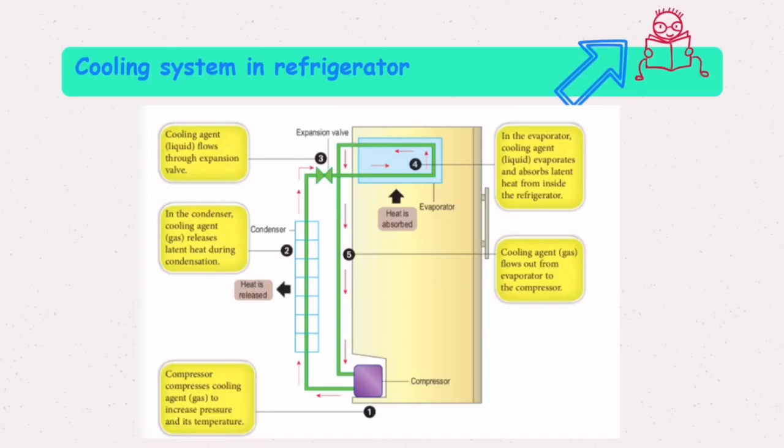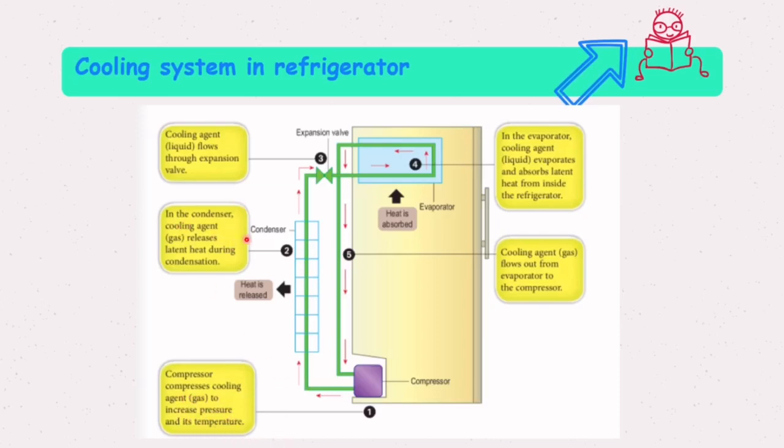This diagram shows the cooling system in a refrigerator. A refrigerator uses the cooling effect from evaporation. During circulation of the cooling agent, heat is absorbed from inside the refrigerator and released outside. The compressor compresses the cooling agent to increase its pressure and temperature.